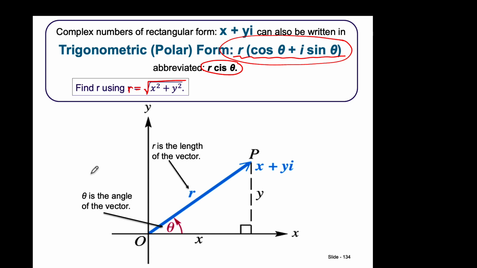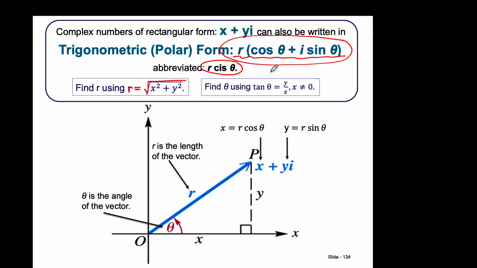Theta is the angle of the vector. Theta can be found using tangent of theta equals y over x. x cannot be 0 because we would be undefined there. What are y and x? They are right here. x is r cosine theta. y is r sine theta. So those would get plugged in.